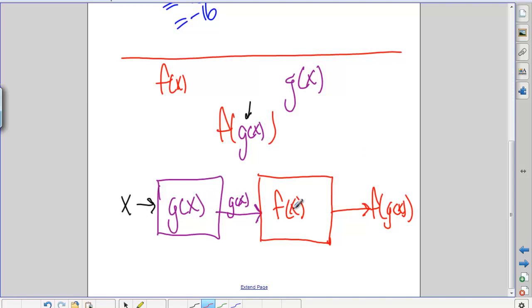The result of that goes into the outside function, and then that's where you get the f of g of x from. So that's a pretty useful thing. Really, you're just chaining two functions together, thinking about input and output. Remember, this is your input, and then this is your output. But then that quickly becomes your input to your f of x. Then here's your output. Okay.